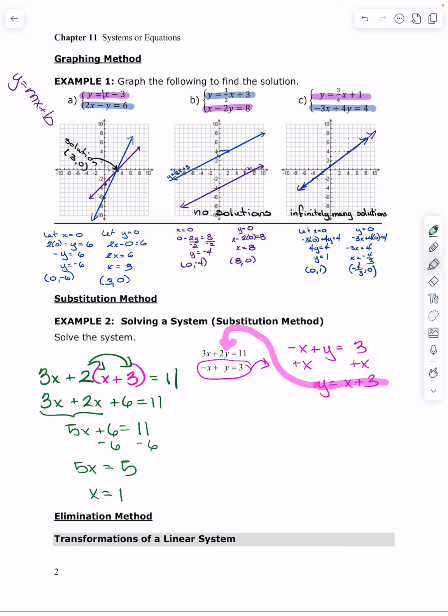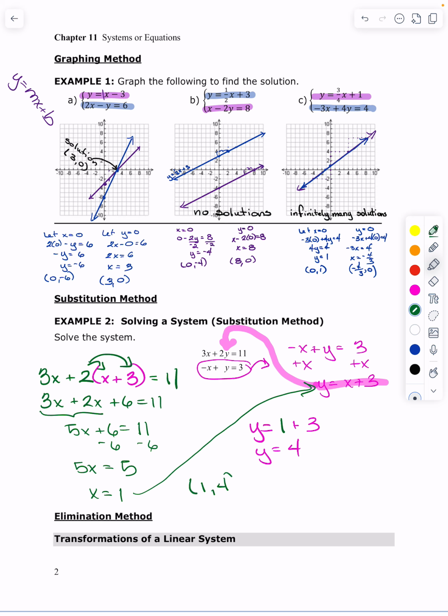Now, I still have to figure out what y is. So I'm going to take this 1, and I'm going to plug it back into this equation. y equals, my x is 1. I get y equals 4. So my solution is the ordered pair (1, 4).